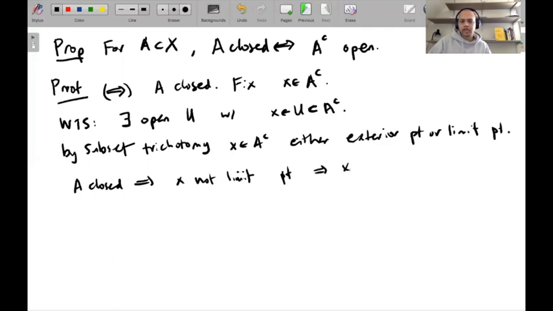And so x is an exterior point, which means exactly that there's an open set around x which is contained entirely in A complement.